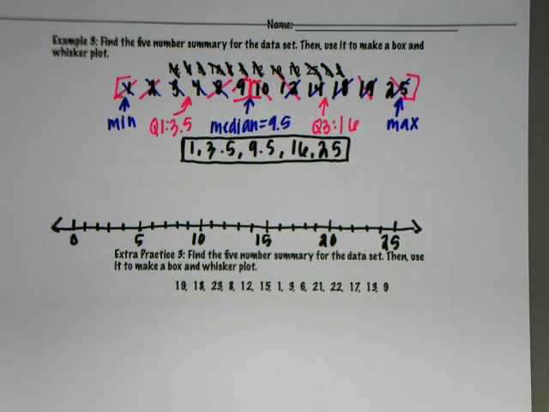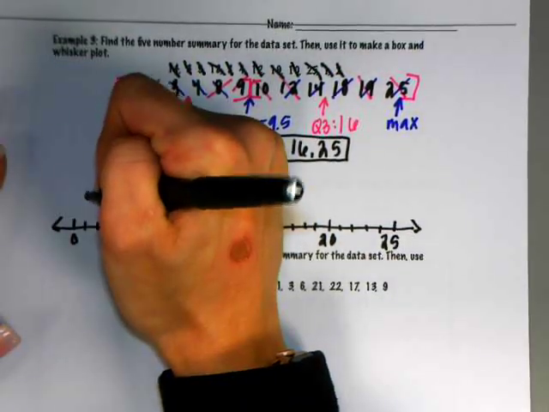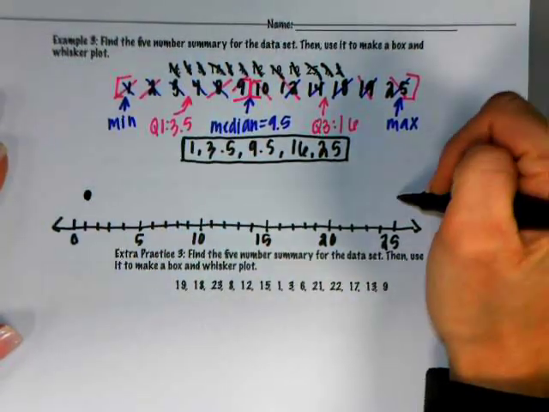Okay, so your minimum and your maximum are going to get dots because that's where the whiskers end. So at 1, at 25.